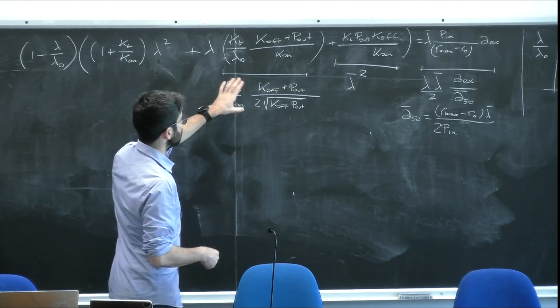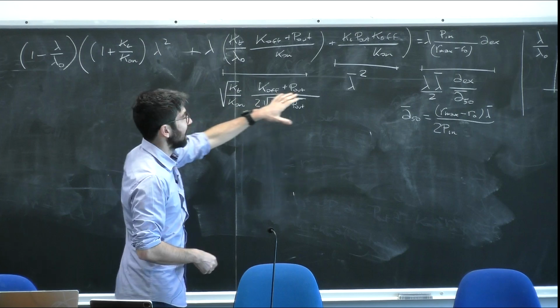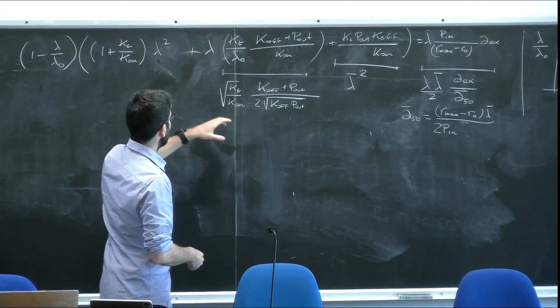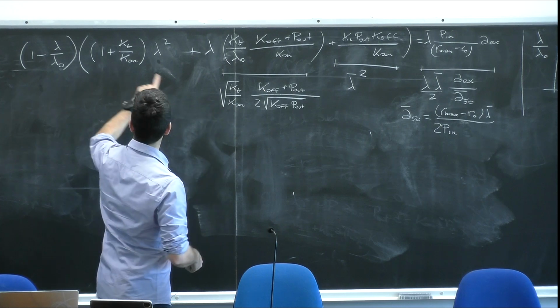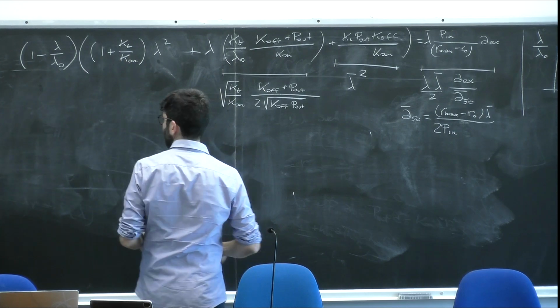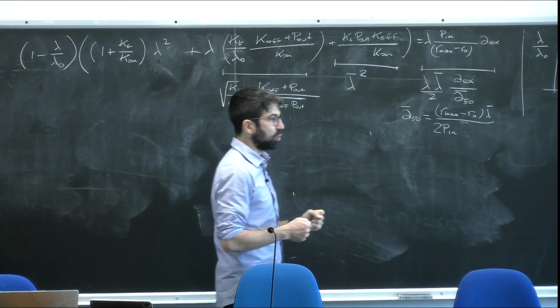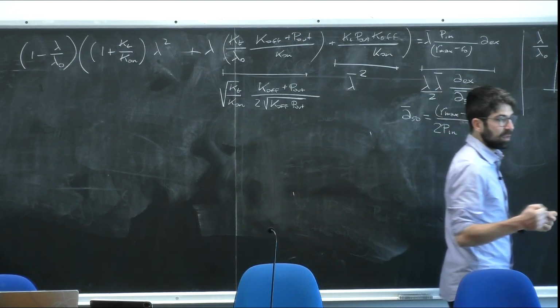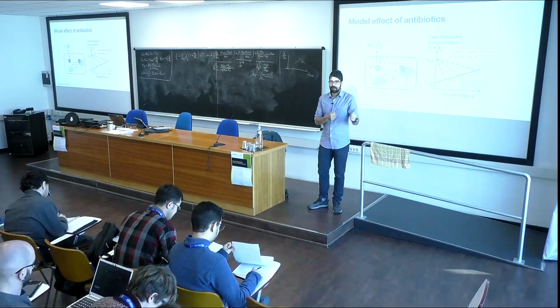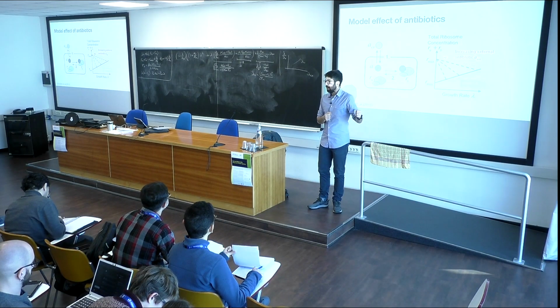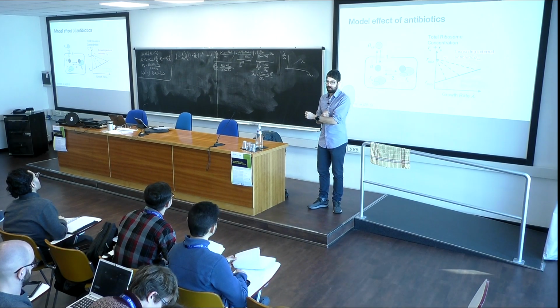And now we have these 2 other terms which we cannot express easily in this way. But what we see is that both depend on this ratio kappa t over kappa on. This ratio is the ratio between the rate at which antibiotics bind to the ribosomes and the rate at which ribosomes translate a protein.